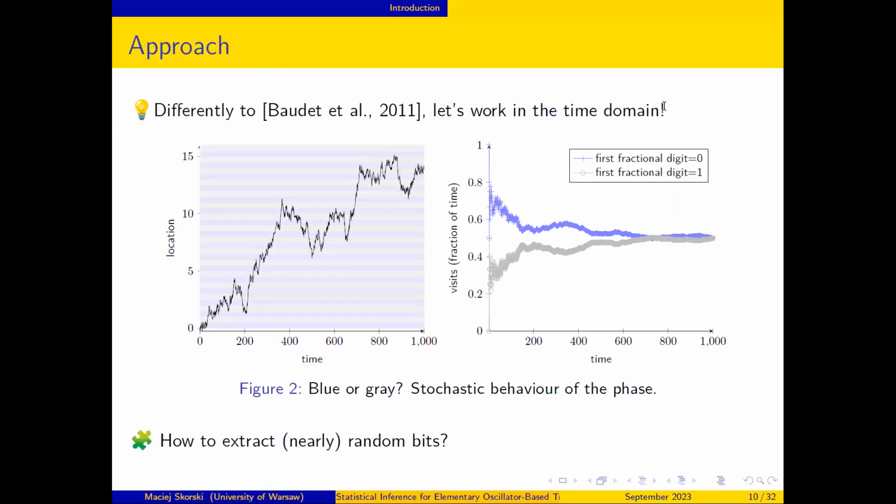So a nice figure for this case is that I consider a random walk and I'm looking at its fractional part, at its first binary digit. If the first binary digit is 1 or 0, this decides what is the output bit. So we imagine that we have a Brownian motion with a drift.